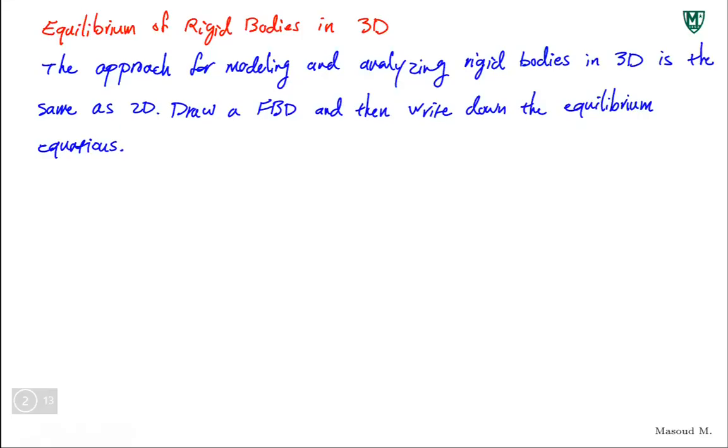Now, what changes is that now we have more equations, and as a result, we can deal with more unknowns. Right? We can deal with up to 6 unknowns because we are going to have 6 equations.